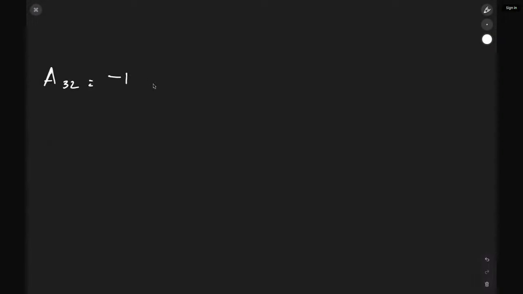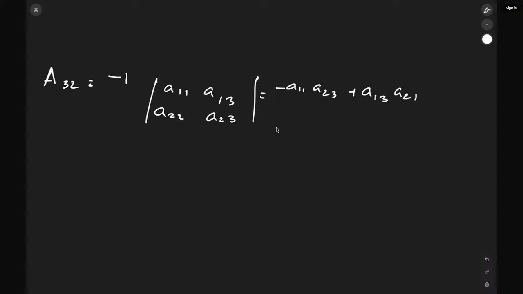A32 will be minus 1 times A11, A13, A21, A23. It will be minus A11 A23 plus A13 A21.